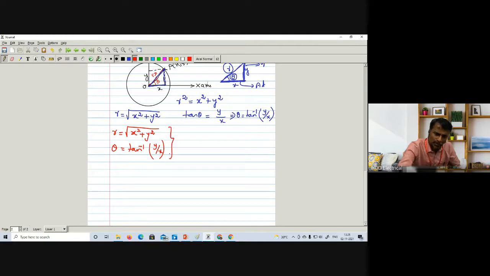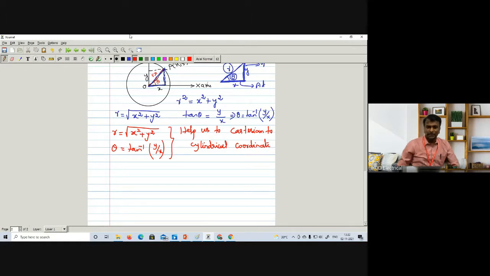These two formulas will help us to convert Cartesian to cylindrical coordinate system.